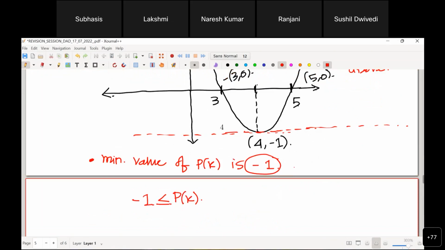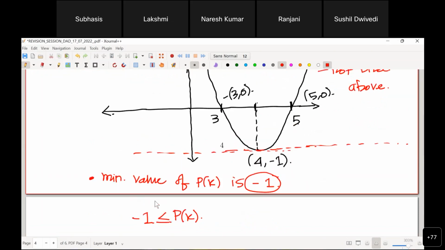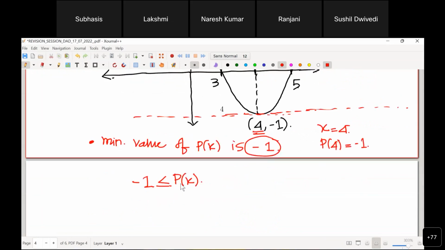This parabola takes -1 at the vertex, that is, at x equal to 4 the value of the function is -1.